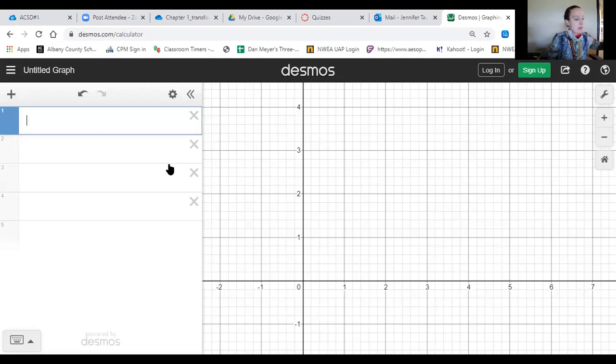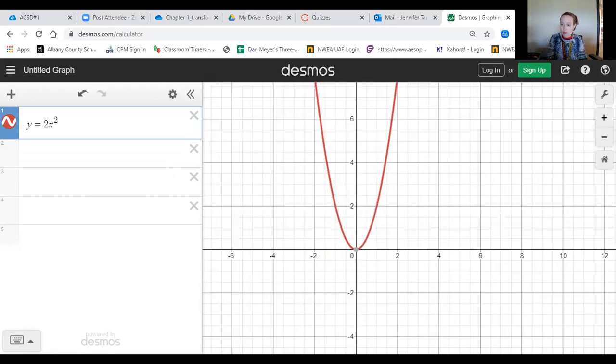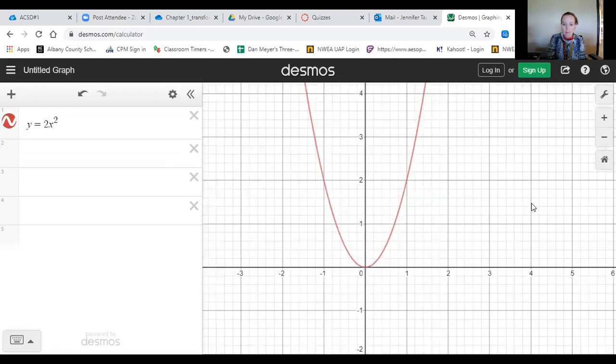Our first one is y equals 2x squared. I'm going to zoom that in so I can see those nice critical points. Take a look at what happened. That vertex did not move, but my critical point is now, I went up 2 over 1 to get to that next critical point.